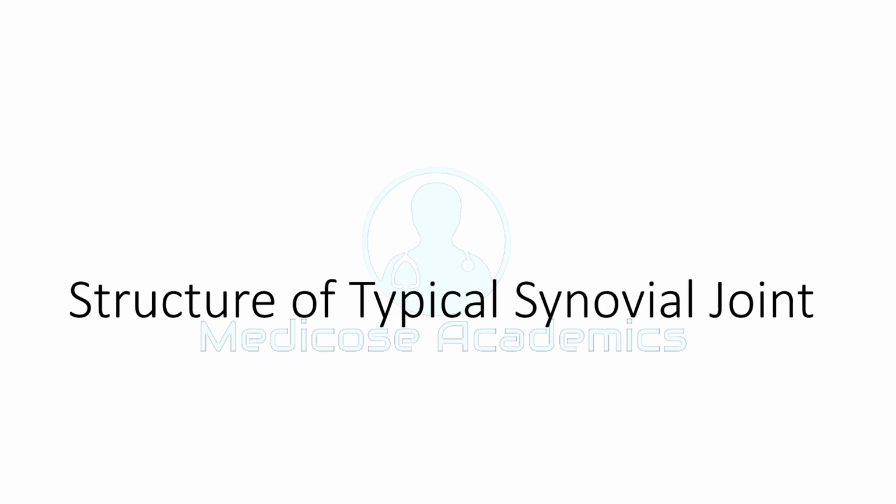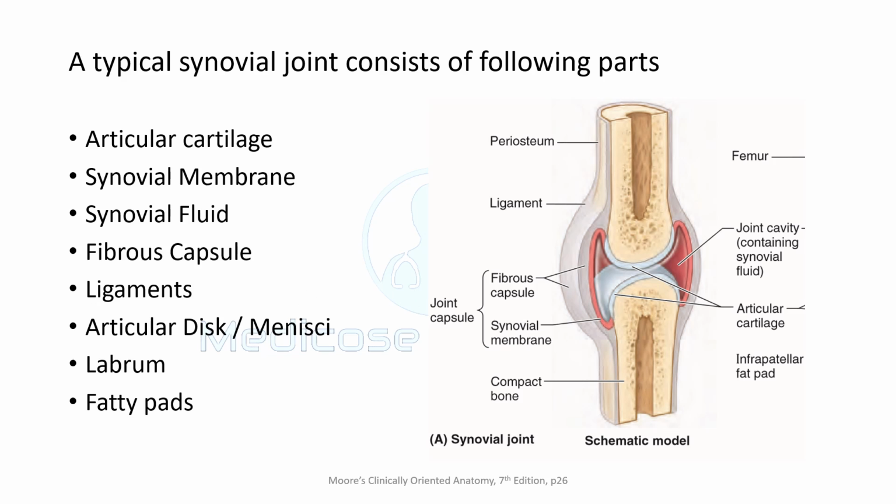Let's discuss the structure of a typical synovial joint. A typical synovial joint consists of the following parts. First, the two bones, with the articulating surfaces facing each other. Both of them contain cartilage covering the bones, known as articular cartilage. Inside the capsule, the part not covering the articulating surfaces is covered by the synovial membrane.